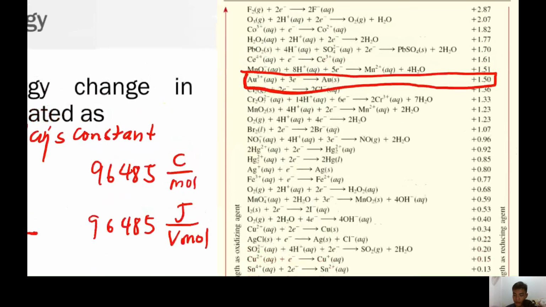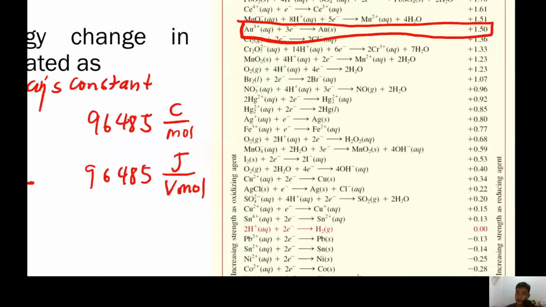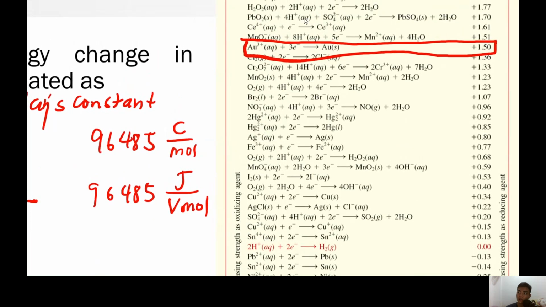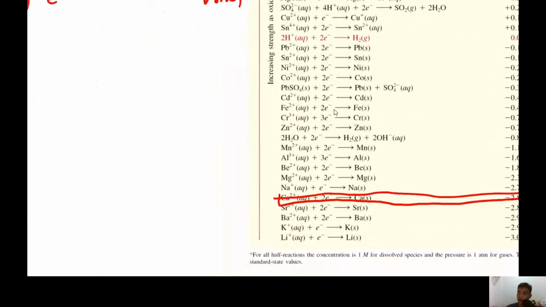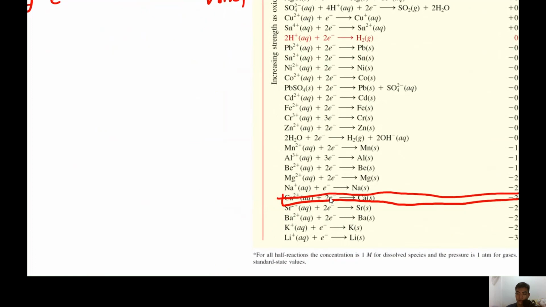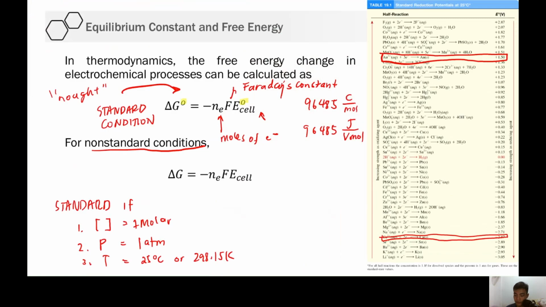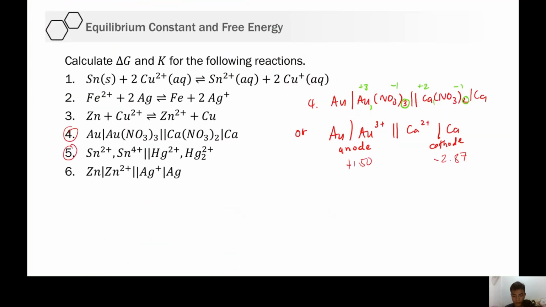But take note of the reactions written. The reaction for gold requires 3 electrons. Then for calcium, it requires 2 electrons. Take note of that. Now we can solve for the E naught cell, that's E naught cathode minus E naught anode.